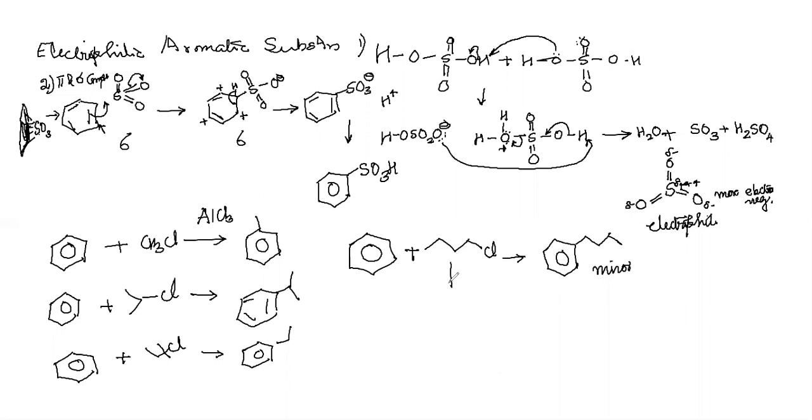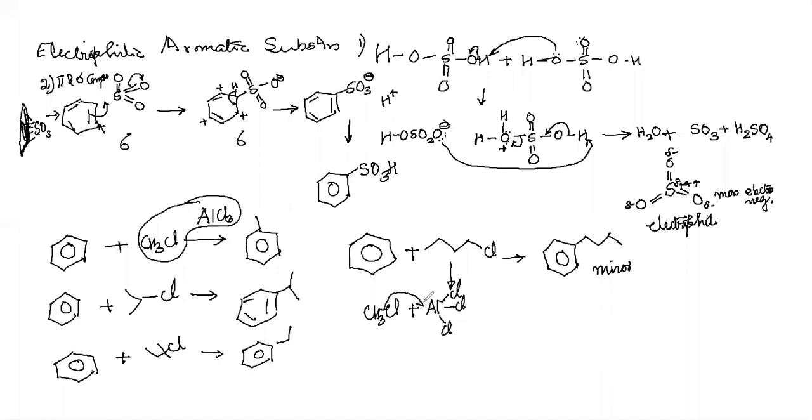Why? Because the mechanism is, first, this and this will react to form the electrophile. How does it form? CH3Cl plus AlCl3, Cl, Cl and Cl. See this bond.